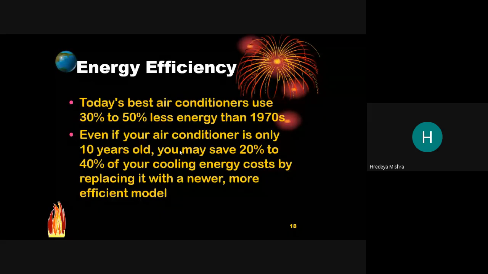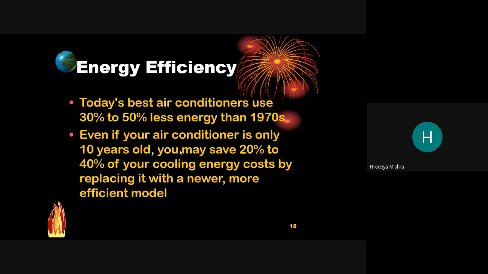What happened in old AC, they consume much more electricity. Then it affects your pocket, because if they consume more electricity, then the electricity bill is very high. So if we have an old model AC, then it is economical to change to a new model.